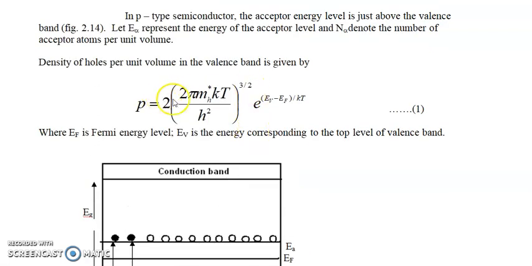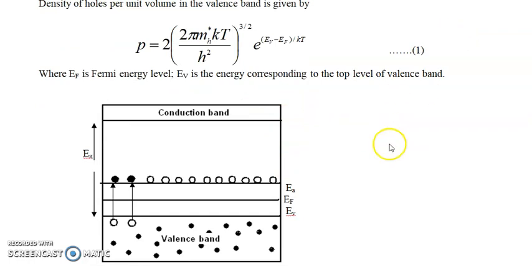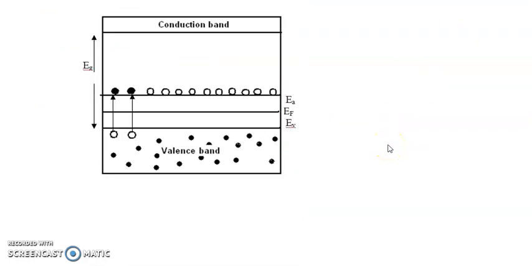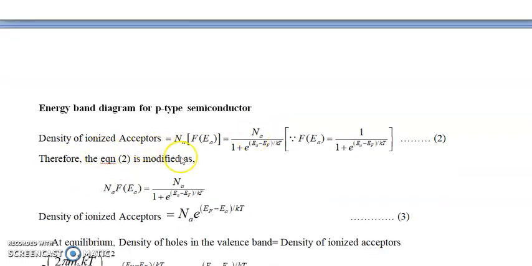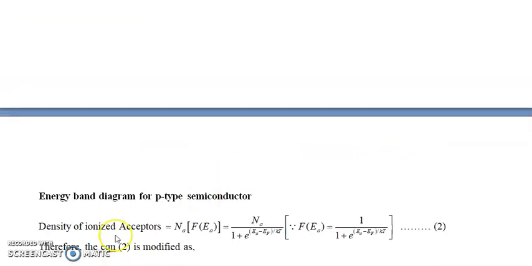We already wrote the concentration, or density, of holes in the valence band. Now we are going to calculate the density of ionized acceptors available in EA. We know that NA is the number of acceptor atoms in the acceptor level.